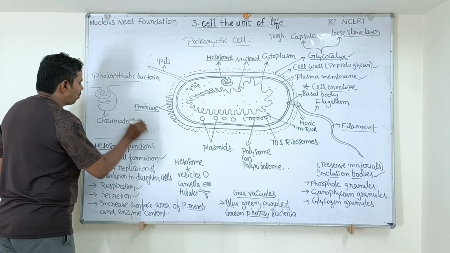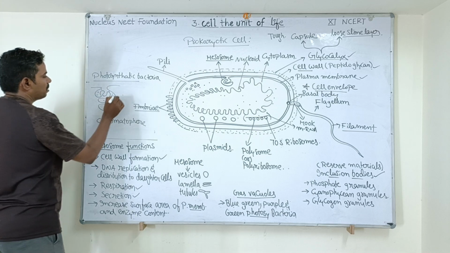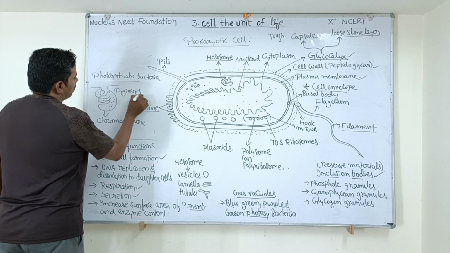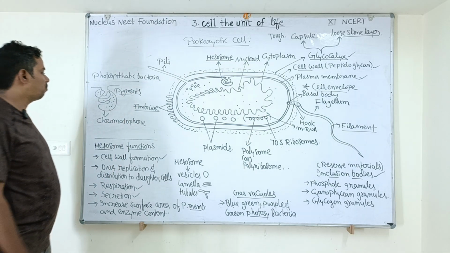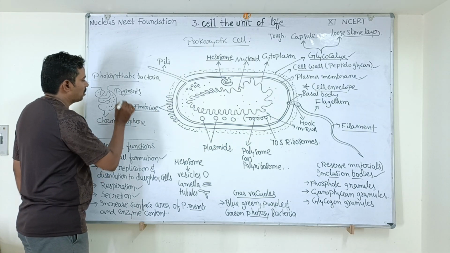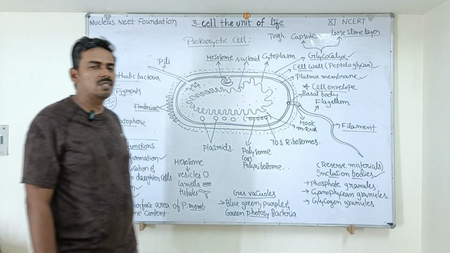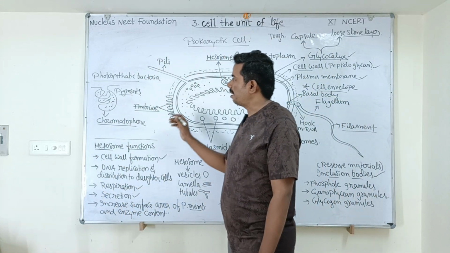This chromatophore has lots of photosynthetic pigments. With the help of these pigments, the bacteria is able to synthesize food material. So the chromatophores with photosynthetic pigments take part in the photosynthesis process in which bacteria? Photosynthetic bacteria.